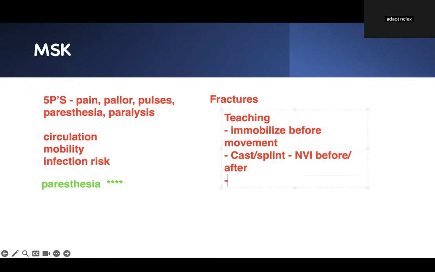Now, third one. This is your teaching regarding fractures, key fact. Always elevate, to take away the edema, apply some ice, and then assess the individual's pain. That is key. And this is what you use in the management of the patient with a fracture.